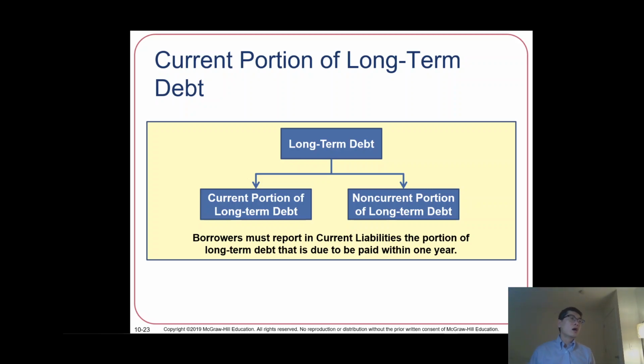So current liabilities include not only tax payables, payroll payables, or deferred revenues, but also those long-term liabilities whose maturity date is now shorter than a year. The other liabilities, with a maturity date longer than a year, still stay in the long-term section of liabilities.